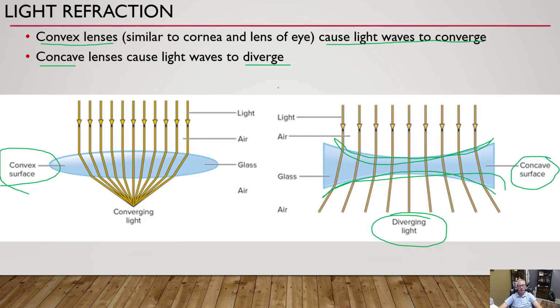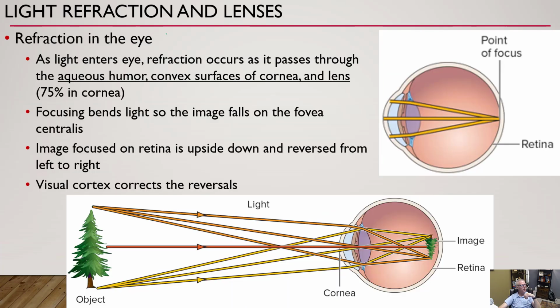Because of refraction, if we had normal healthy eyes, remember that both the cornea and the lens will participate in refraction, actually about 75% in the cornea. Remember, the lens does accommodation and refraction.